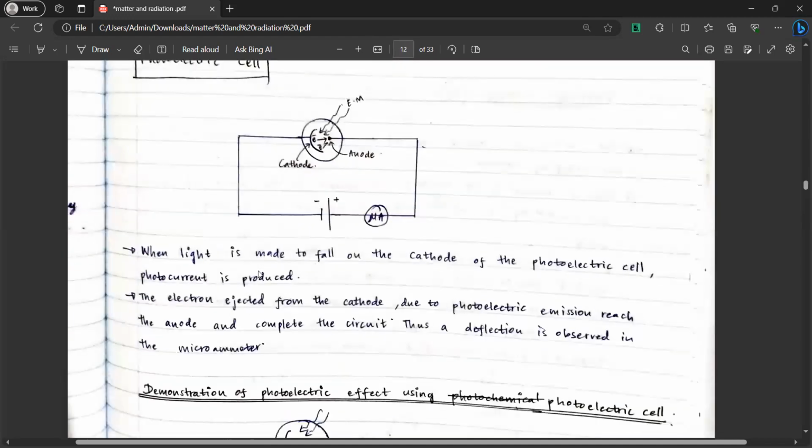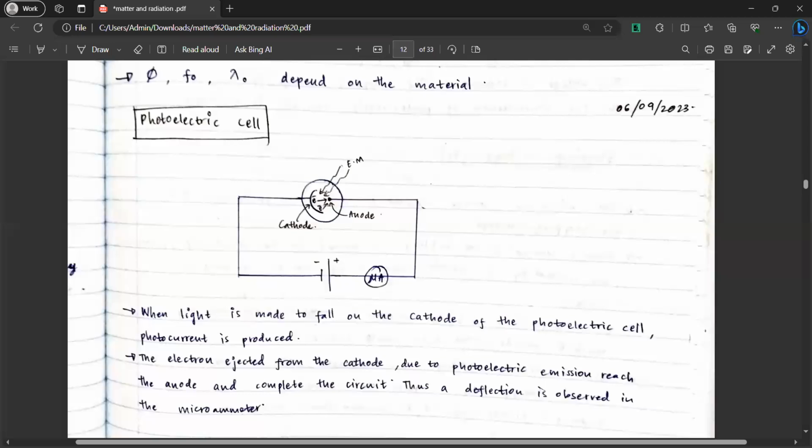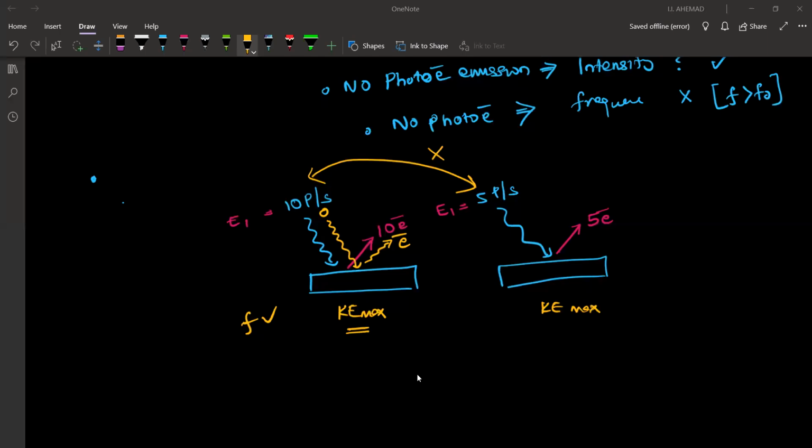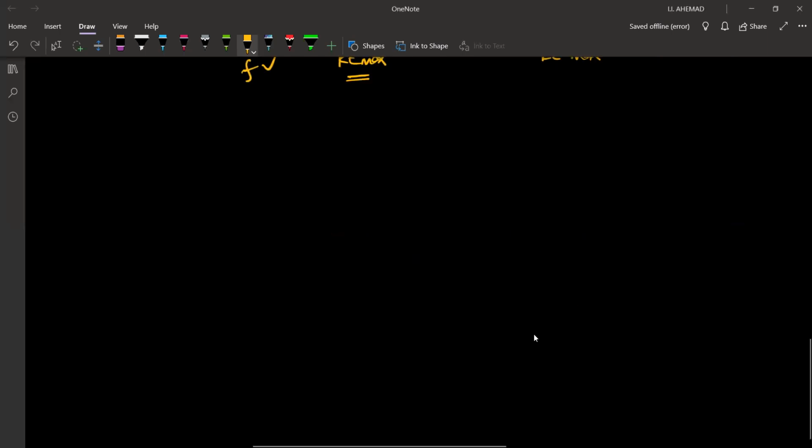Next topic, the photoelectric cell. I will explain what's happening in the photoelectric cell. This is an experiment to prove the photoelectric emission.